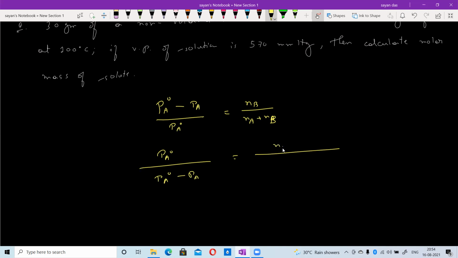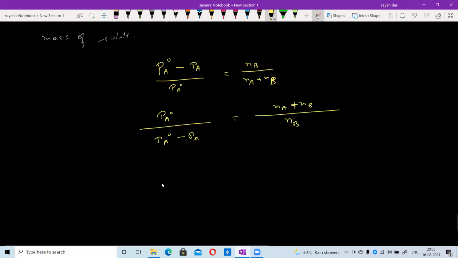So this becomes NA plus NB divided by NB, and subtracting 1, you get NA divided by NB.